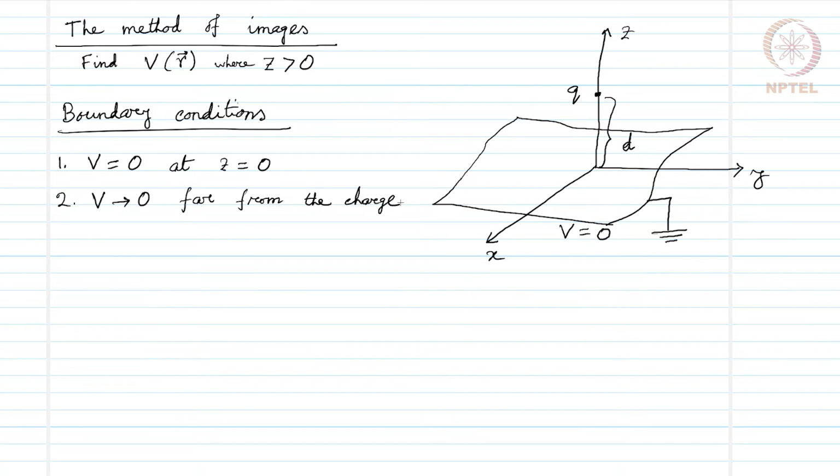That means, if x square plus y square plus z square is much greater than d squared, then the potential tends to 0. That means at infinity the potential will go to 0.